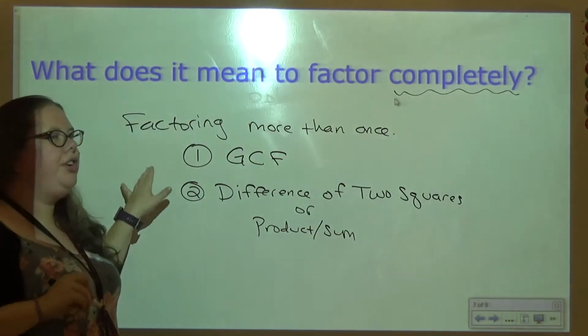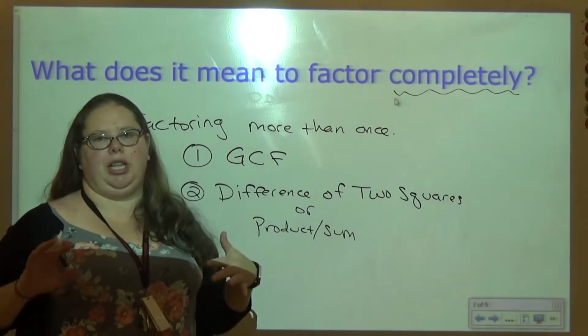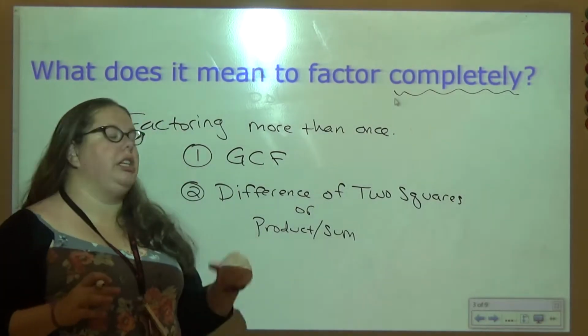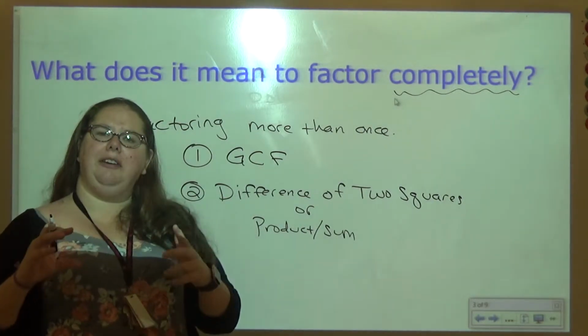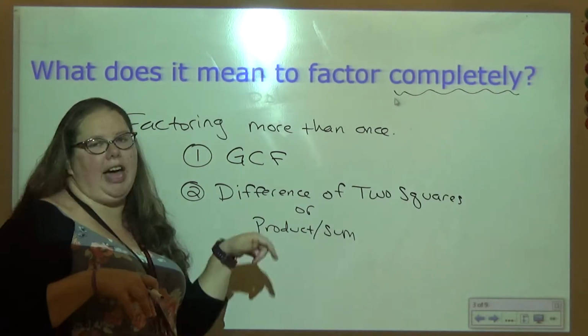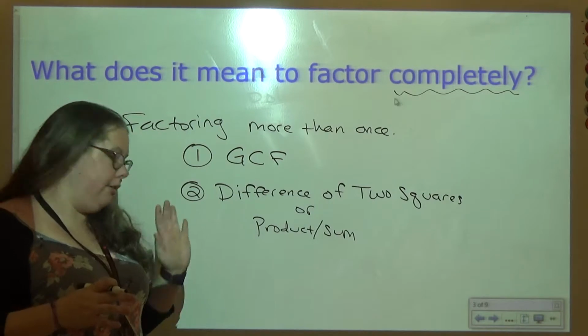So whenever we're factoring, we should automatically look for our GCF before we do anything else. So with factoring completely, usually we do GCF, and then we look at what's left, and we'll have another kind of factoring that's left for us to do. Okay. Pause the video, write this down.